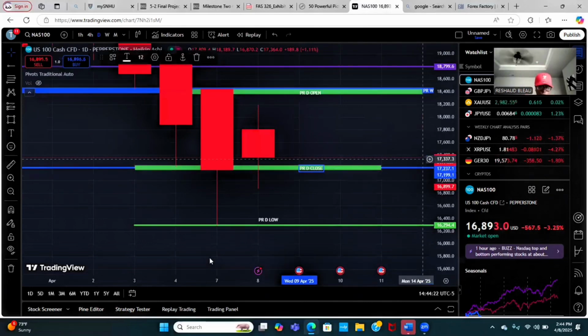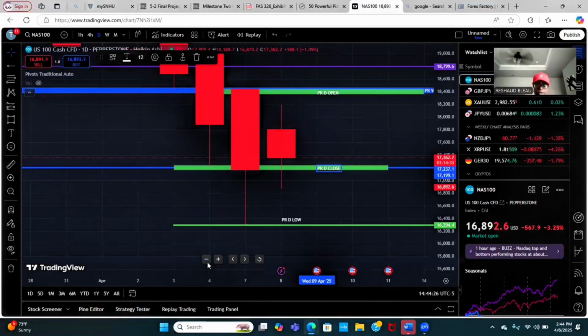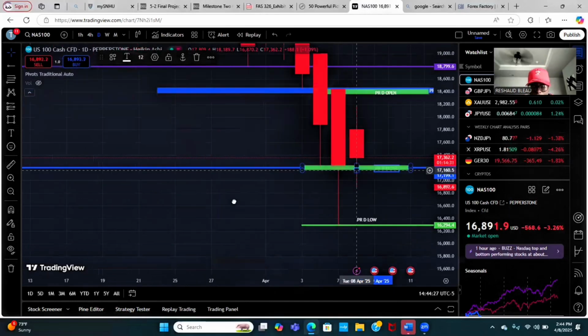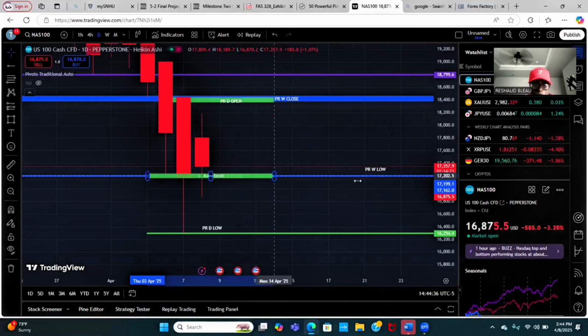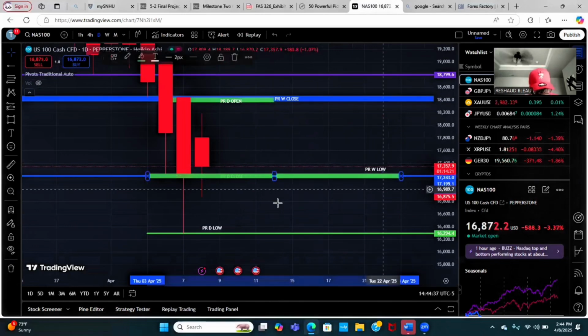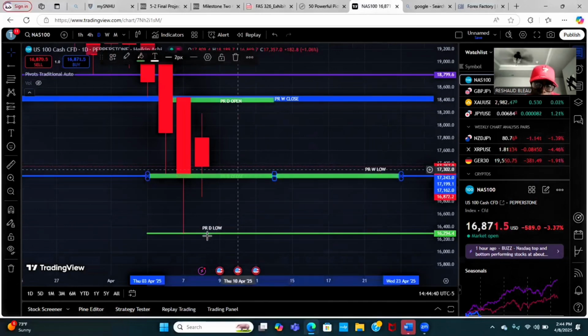We all know what's going on. Price has not broken below the previous daily low. Price has broken below the previous weekly low, and then price dipped back up a little bit. It broke below the previous monthly low. So we are looking for a nice strong sell, no cap, but for the daily, it hasn't happened yet.